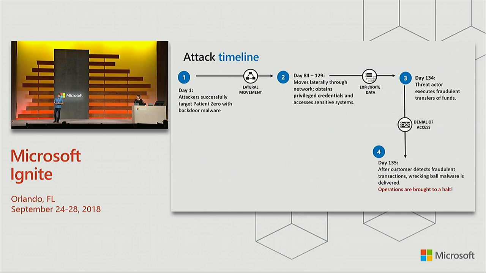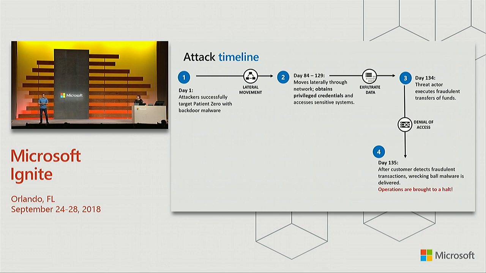They would like to continue and do more damage and get more information and get more money. And 5 months after the attack starts, they actually deliver a virus named Wrecking Ball into 50% of the computers inside the business. Think about it. Half of the computers inside the business are down, making the entire business operations down for 2 full days.